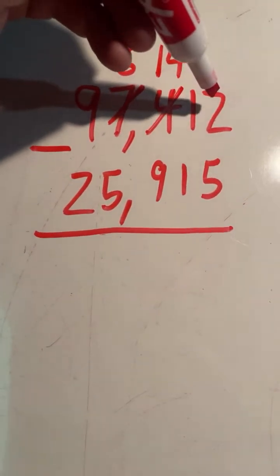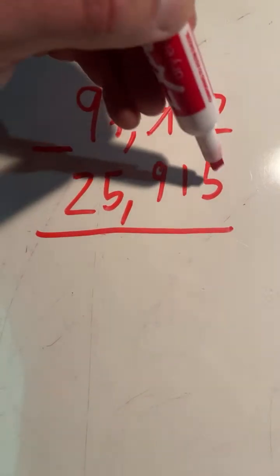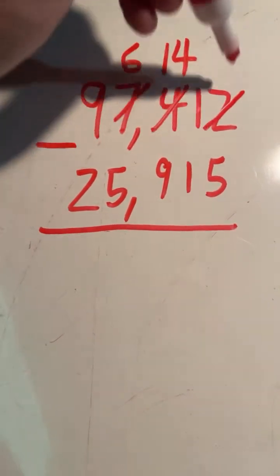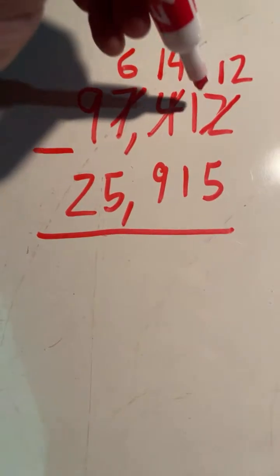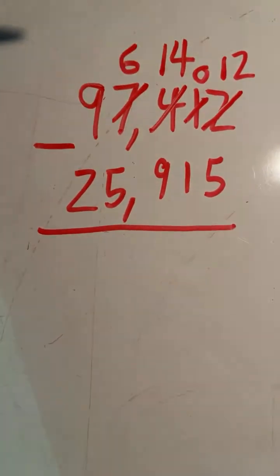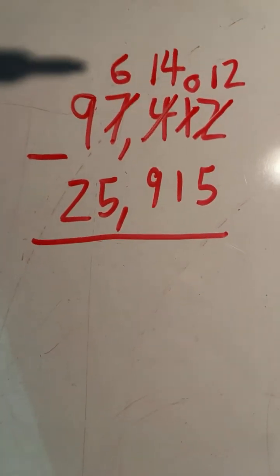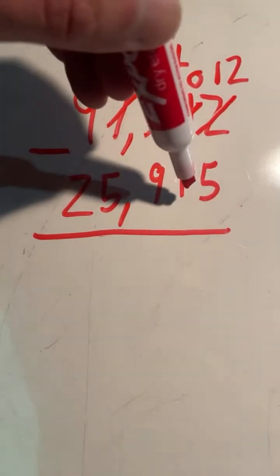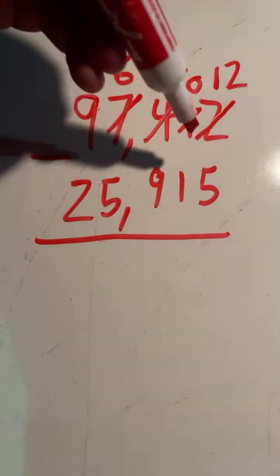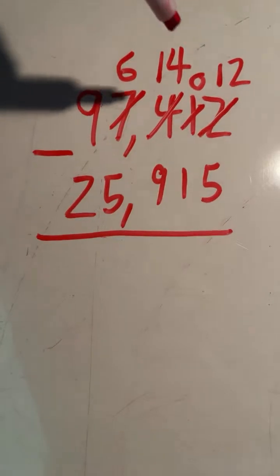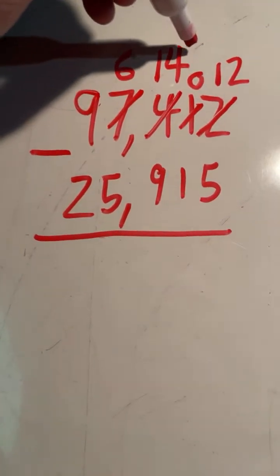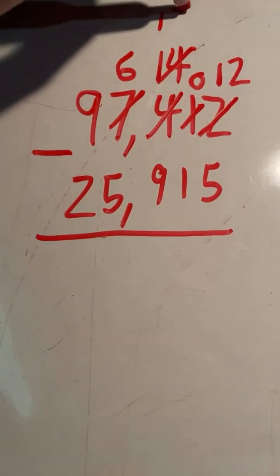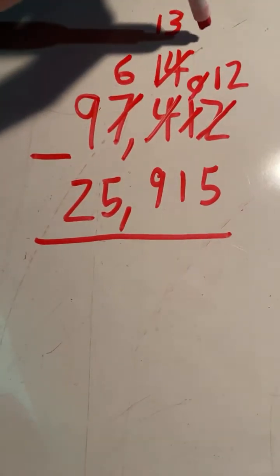All right. You can't have 2 and take away 5, so we have to take a 10. That 2 is going to become a 12. That 1 is going to become a 0. But we're not done yet because you can't have 0 and take away 1, so we're going to have to regroup in the tens place now as well. So that means we have to take away 1 from the hundreds place. That 14 becomes a 13, and that 0 becomes a 10.